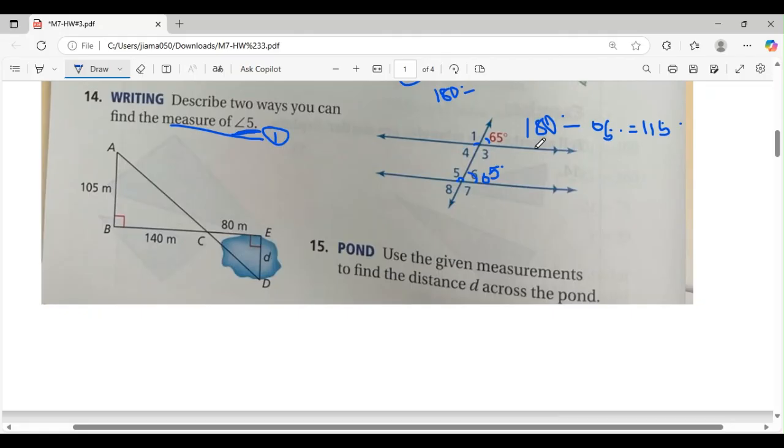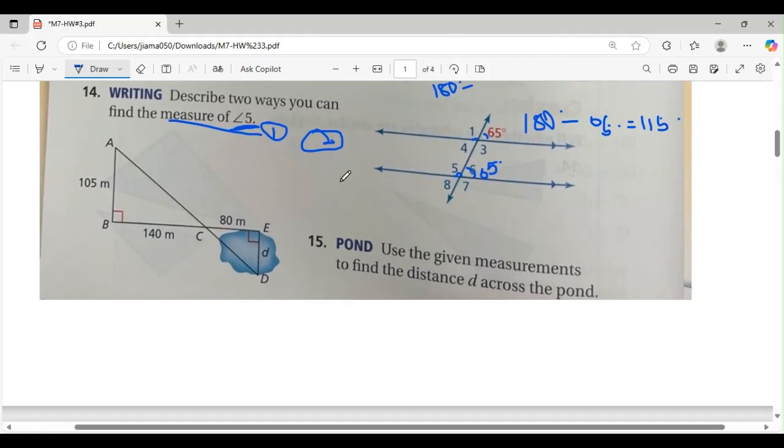So also we can use 180 degrees minus 65 degrees to get the angle measure of angle 5. So there are the two ways we can find that. Okay.